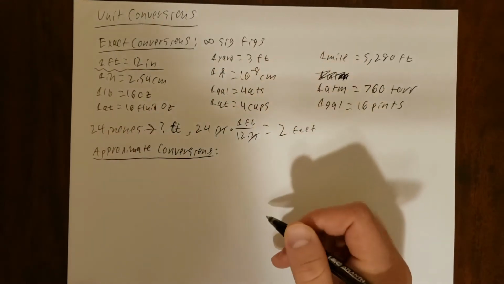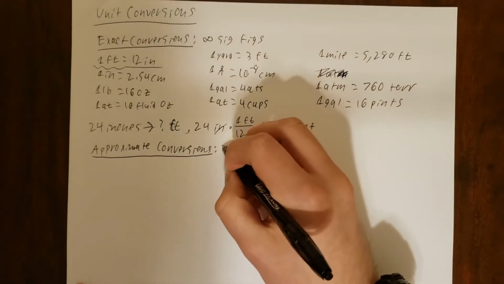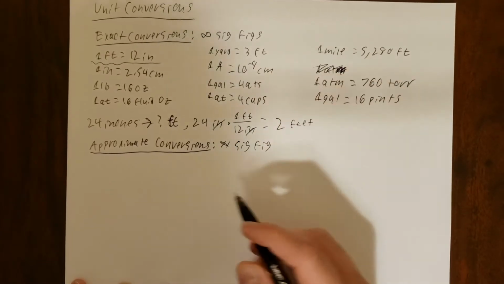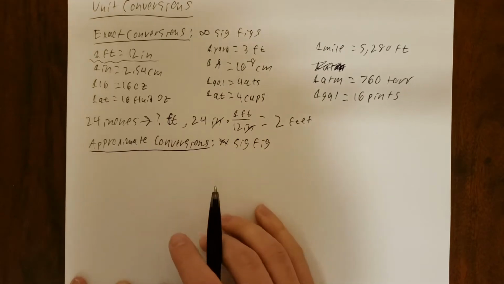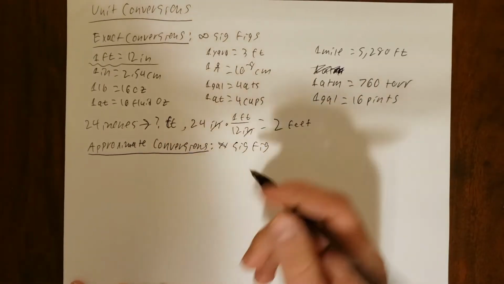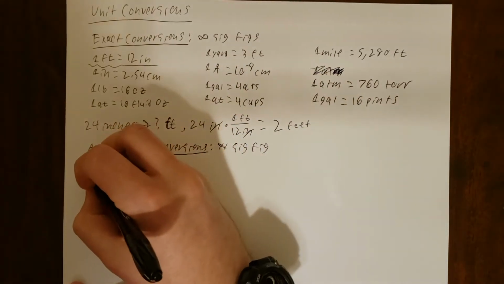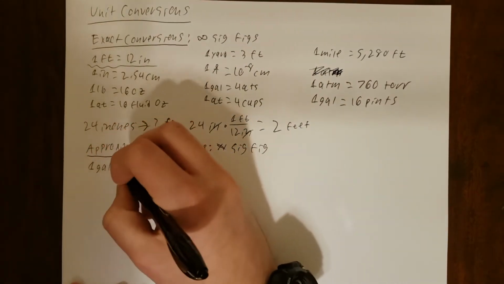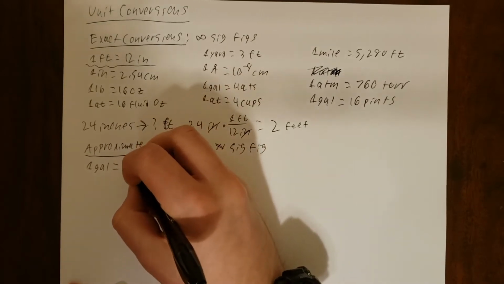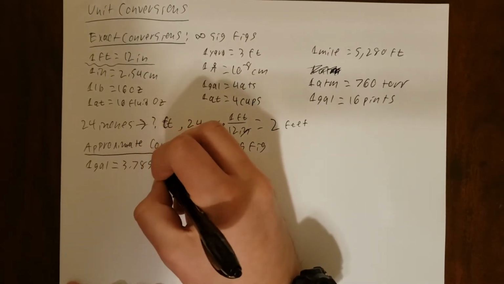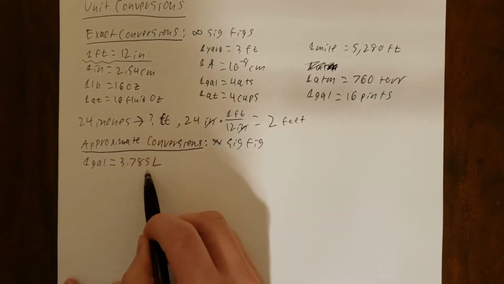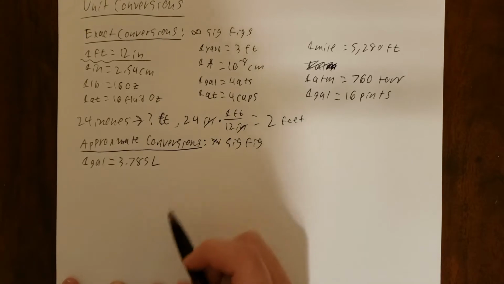Now, these are conversions that do have some defined number of significant figures, and that will depend on how many are in the equation that you're given. Let's take the fact that 1 gallon is approximately 3.785 liters. So in this case, we have 1, 2, 3, 4 sig figs in this conversion.